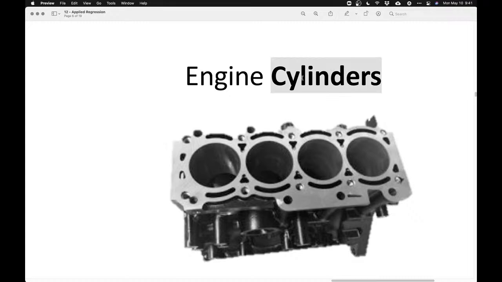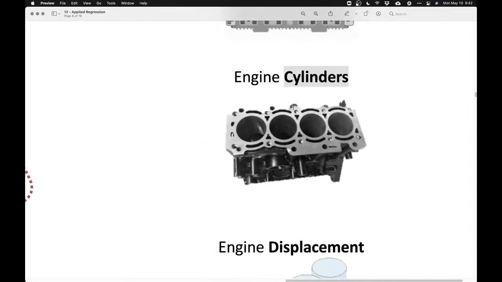So the number of cylinders in your engine is the number you're looking at in the data. It's telling you how many of these holes and pistons you have in your engine block. The more cylinders you have, the more powerful an engine you have, because it can extract more force. So that's cylinders. Cylinders are the holes in which the pistons are going to be firing.